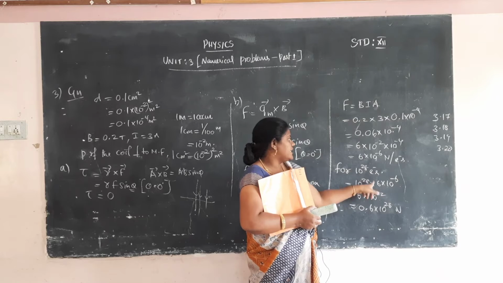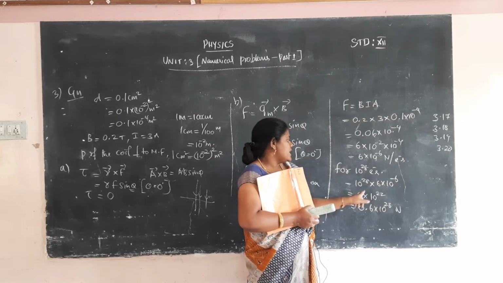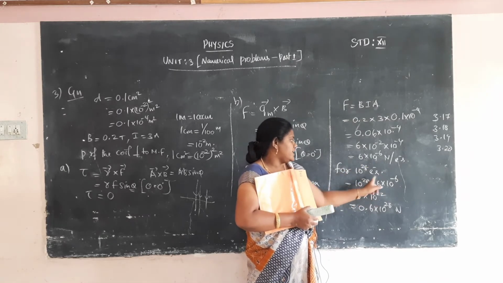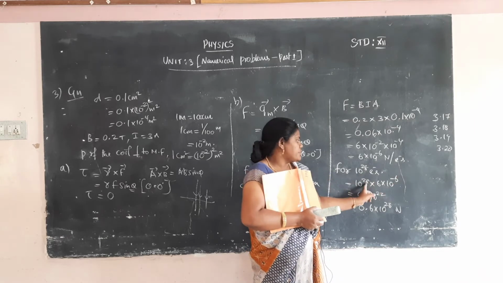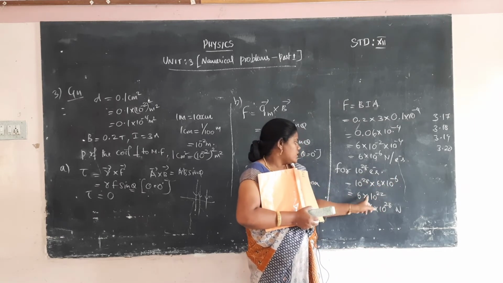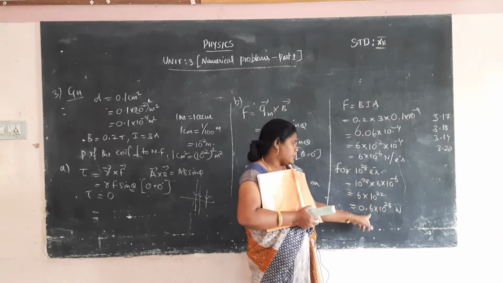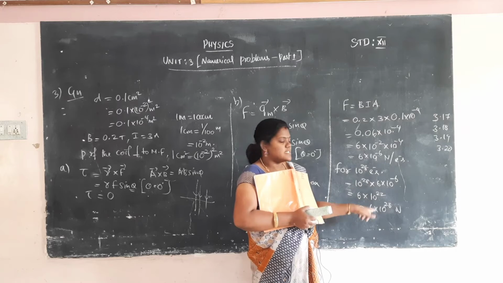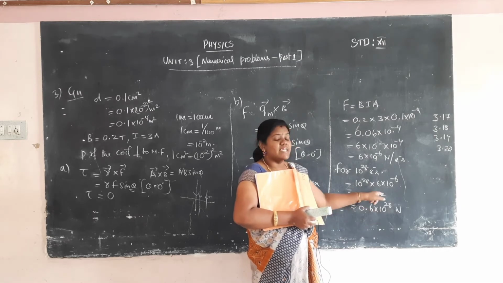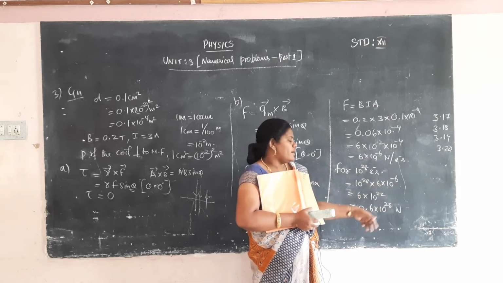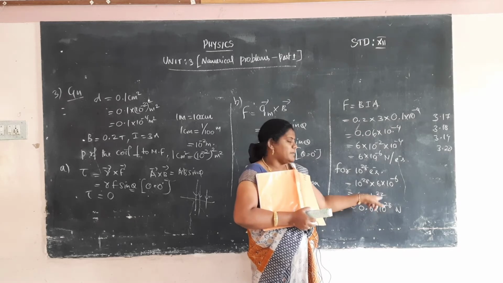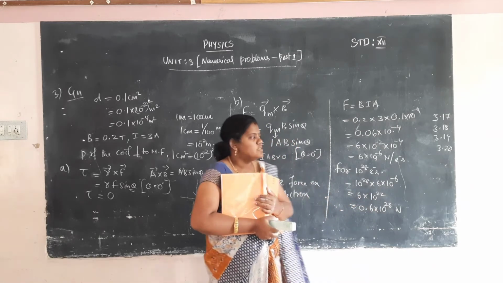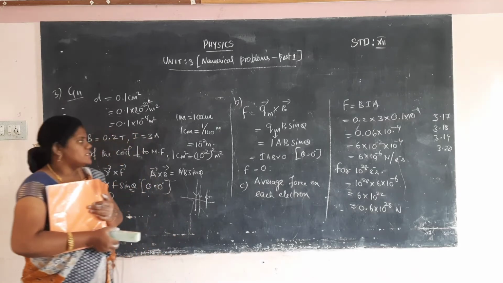So 10 power 28 into 6 into 10 power minus 6, that is 28 minus 6, 22. We convert into 0.6 into 10 power 23. But in our book the answer is 0.6 into 10 power minus 23. That is wrong, so you have to change it to 0.6 into 10 power 23 Newton. Clear?